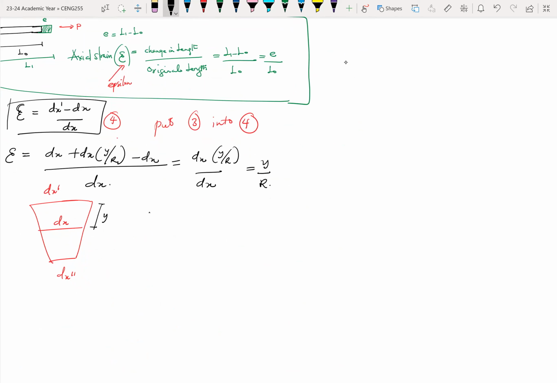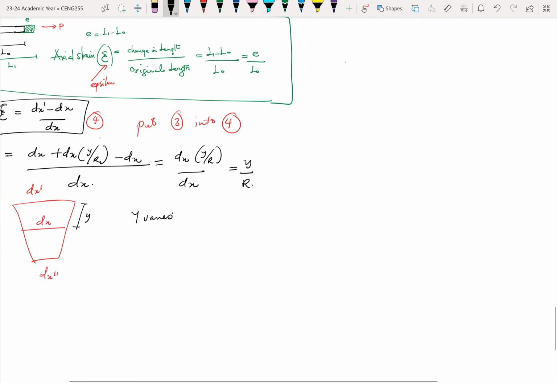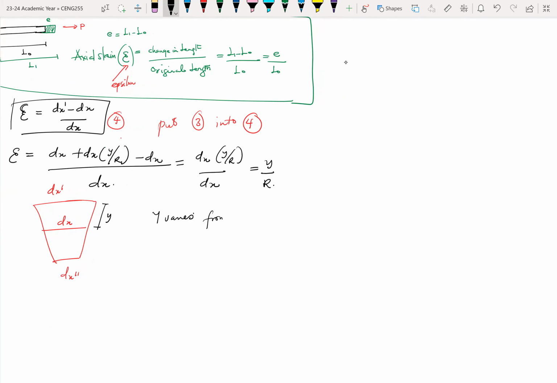But this y varies. Y varies from the center to the outermost fiber.